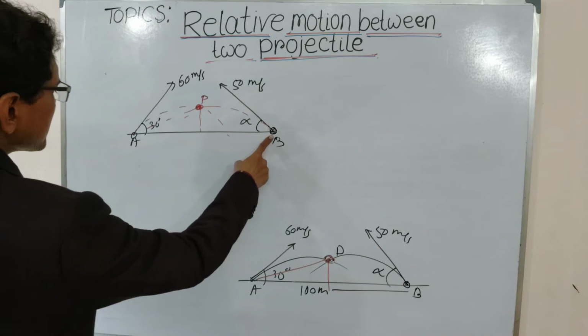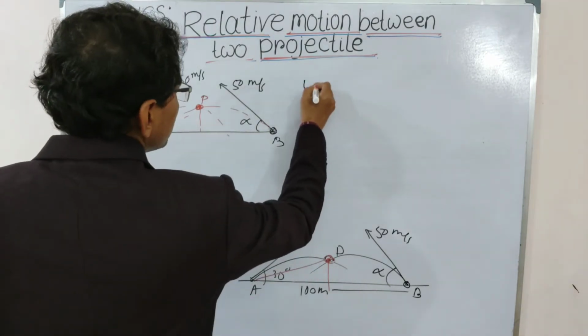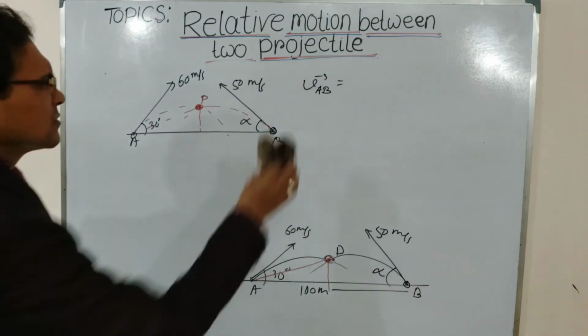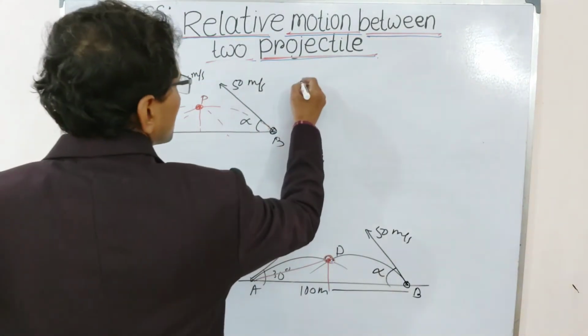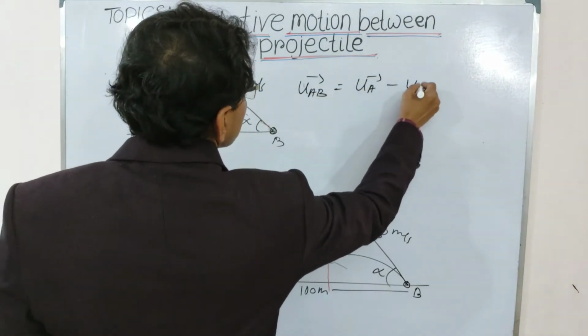Then if B is at rest, UAB equals UA minus UB.